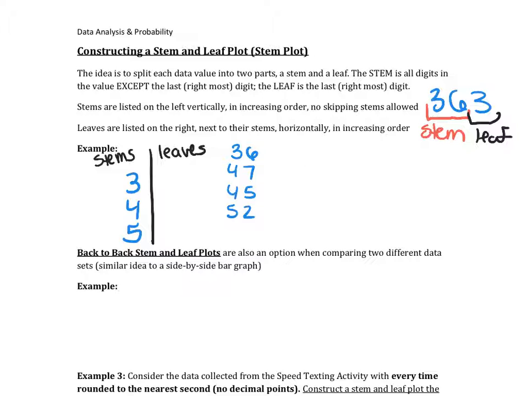So for 36, we have our 3 as our stem, the leaf would be 6. With the 40s, we have 2 numbers in the 40s, 47 and 45. They have to go in increasing order. So we'd put the 5 first and then the 7. And then we have our 52, so 2.